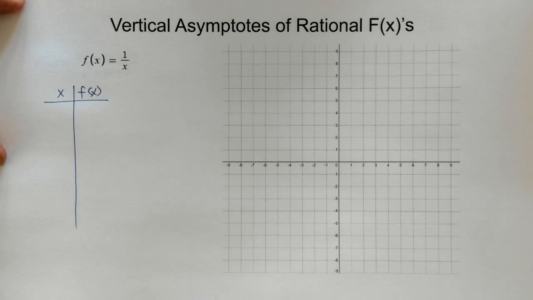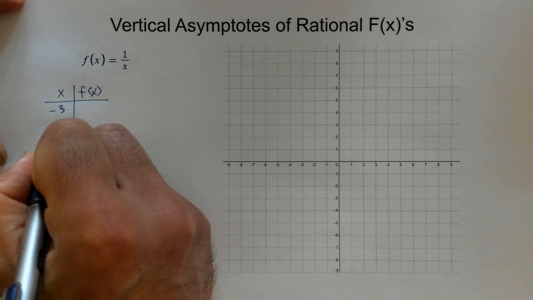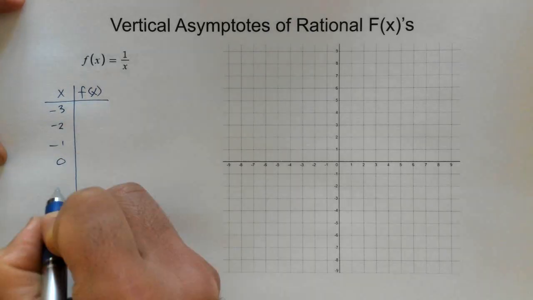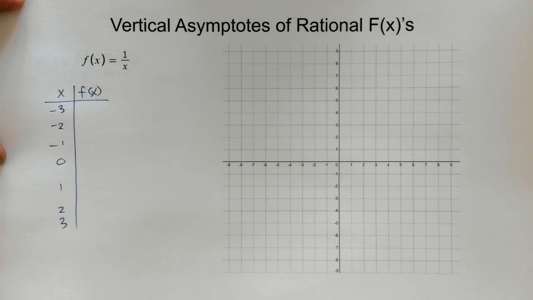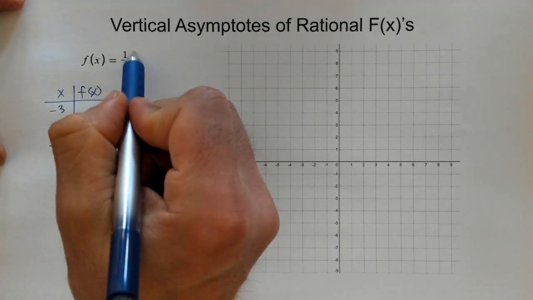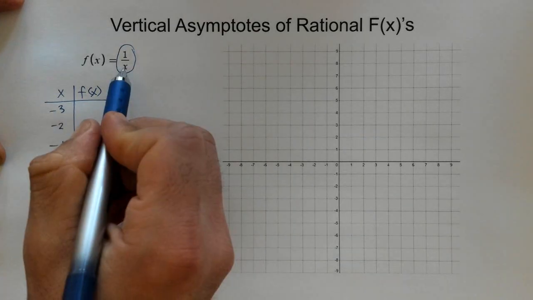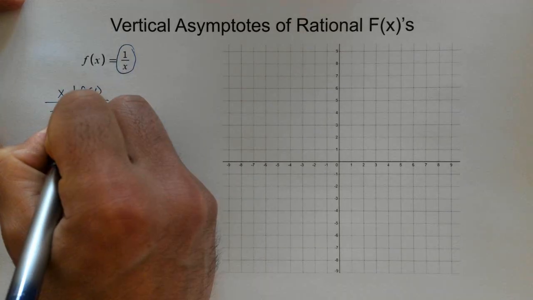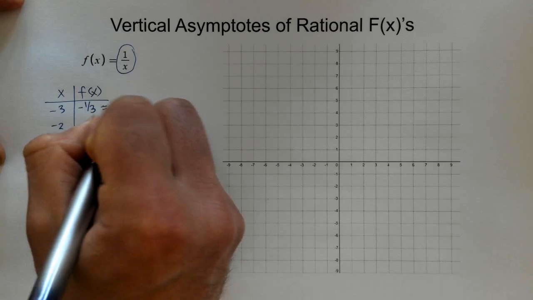So let's start with some negatives and some positives: -3, -2, -1, 0, 1, 2, 3. We'll plot in a few points. My goal is to plug them into this equation, get an output, and graph to see what it looks like. If I plug -3 in here, I get 1 divided by -3, which is approximately -0.333.